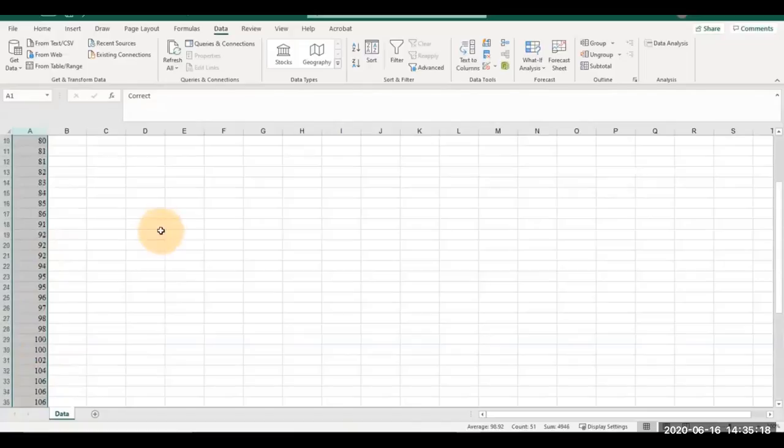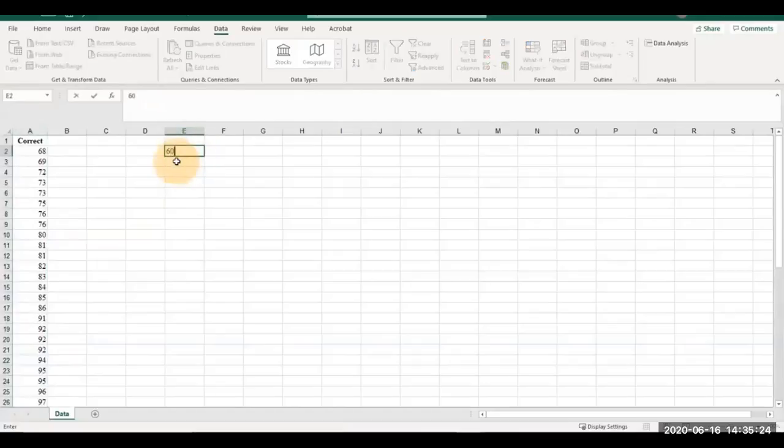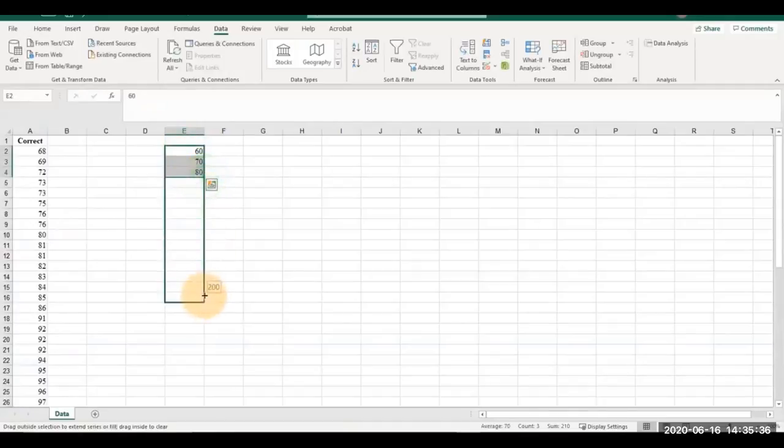So we could do something like this, or this is the way we would do this. So we could do 60, 70, 80. So let's do that. And let's copy this down until we get to 140. Okay, so we have that.